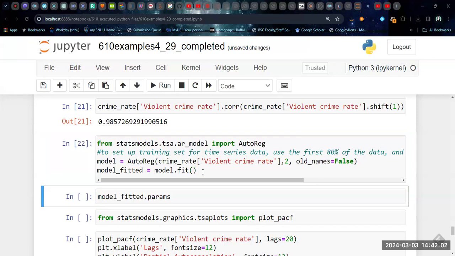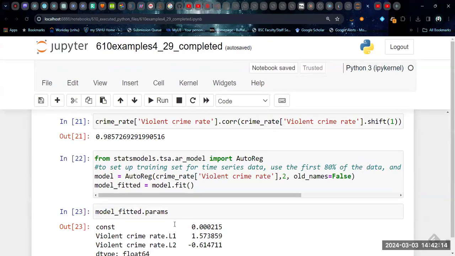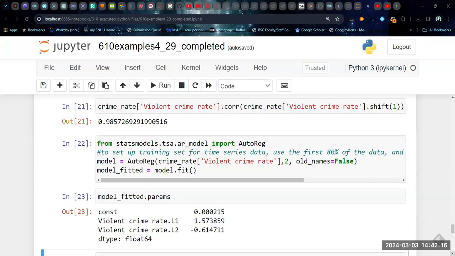Okay, so we run this. The model parameters are going to tell us that there is a constant, which is pretty small, but then one lag back you would multiply the crime rate by 1.57, and then 2 lags back, you would reduce that by negative 0.6 in order to predict crime rate from one step to the next.